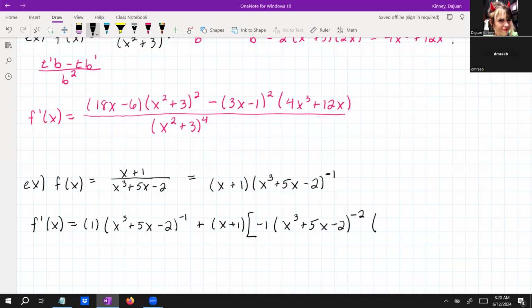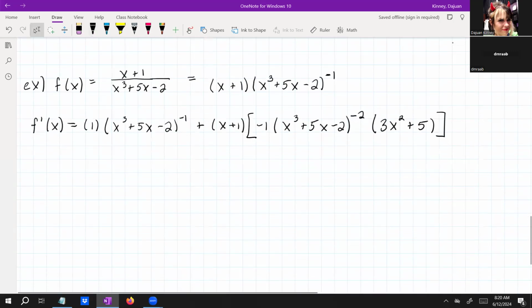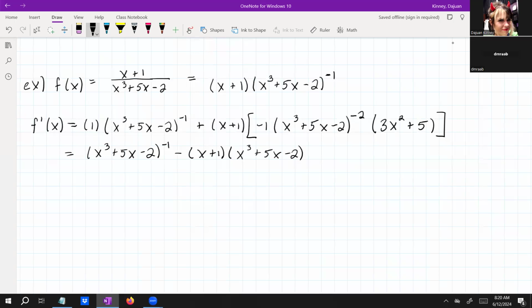Take the derivative of the inside, 3x squared plus 5. Okay. I do want to clean this up at least one more step because it's kind of nasty looking. All right, I have this -1 hanging on the outside, and you are x cubed plus 5x minus 2 to the -2 times 3x squared plus 5.